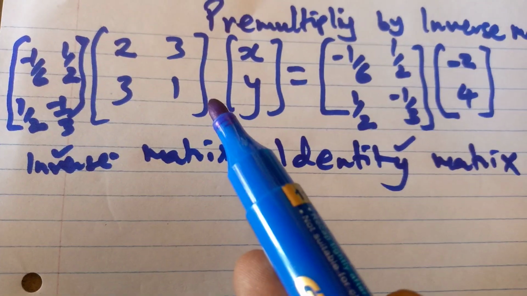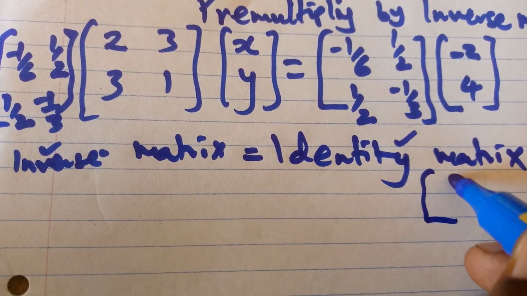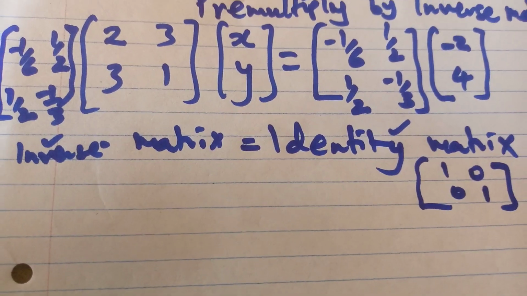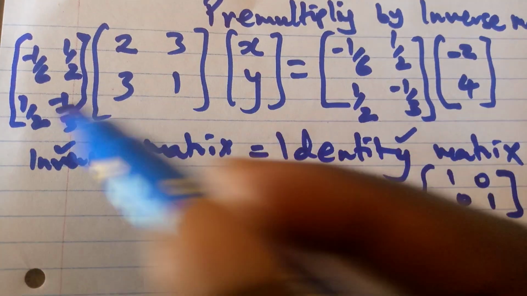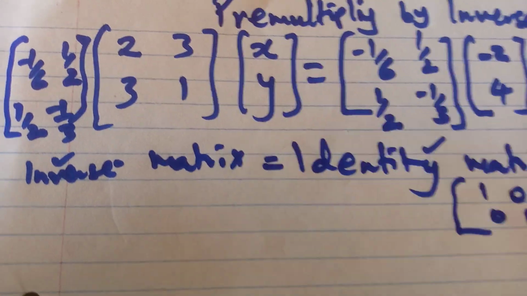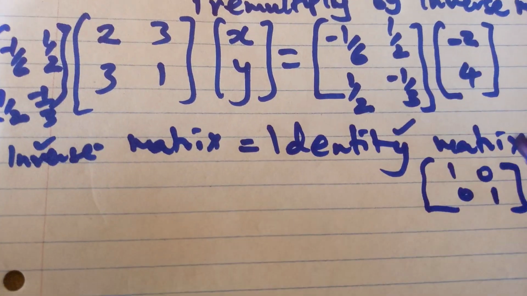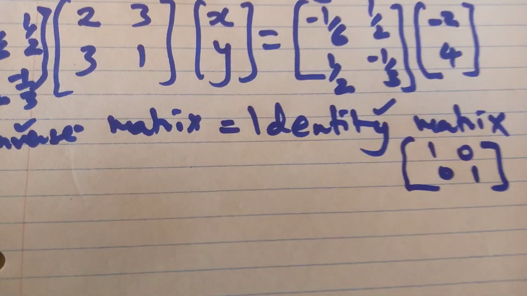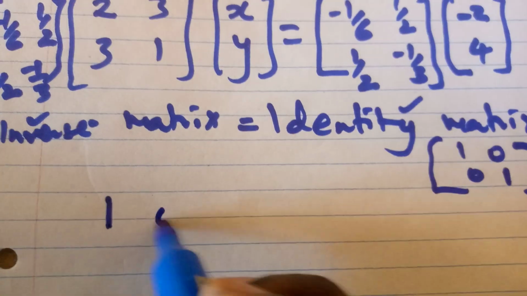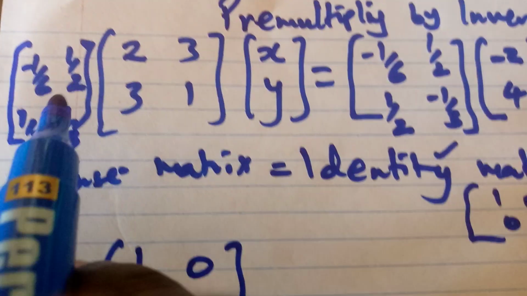The inverse times the matrix itself gives an identity matrix, 1 0 0 1. It goes without saying that a matrix times its inverse is 1 0 0 1, the identity. So I'm going to write it on this side as 1 0 0 1.